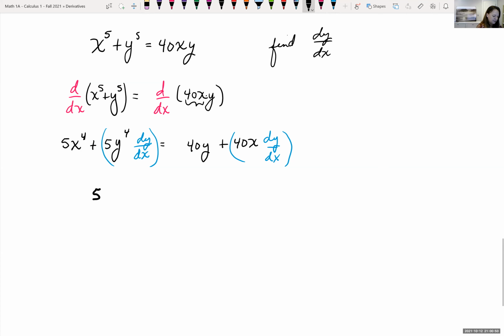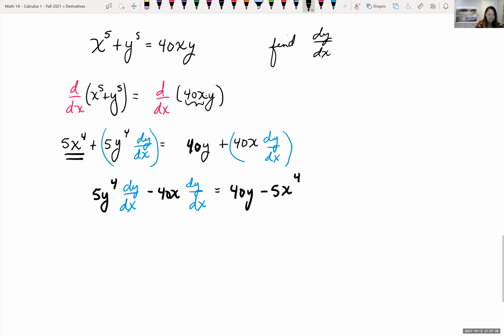I'm going to have still this 5y to the fourth dy dx minus this 40x dy dx equals, well, I have this 40y over here. And I wanted to get this term 5x to the fourth to the other side.